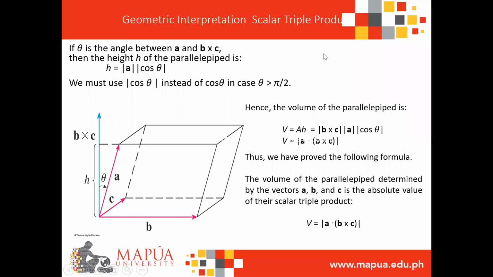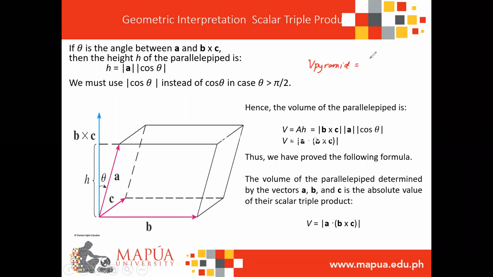Another geometric interpretation of the scalar triple product is the volume of the pyramid. We can find the volume of the pyramid by taking 1/6 of the volume of the parallelepiped. So the volume of the pyramid is equal to 1/6 of the volume of the parallelepiped.